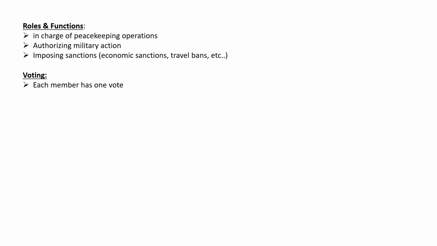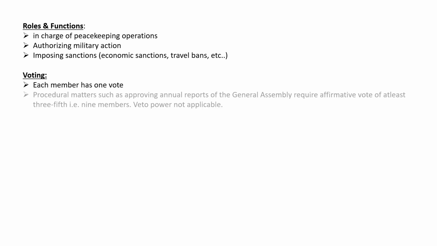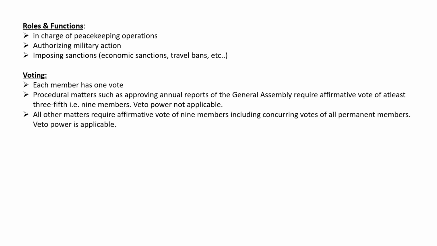Each member in the Security Council has one vote. Procedural matters, such as approving annual reports of the General Assembly, require affirmative vote of at least three-fifths, that is, 9 members. Veto power here is not applicable. All other matters require affirmative vote of 9 members, including concurring votes of all permanent members.